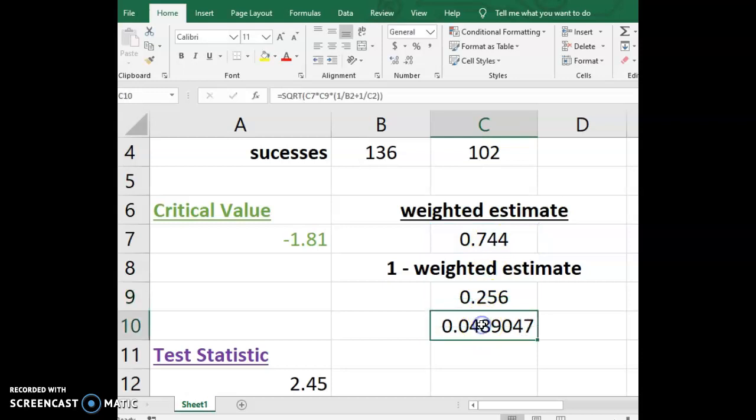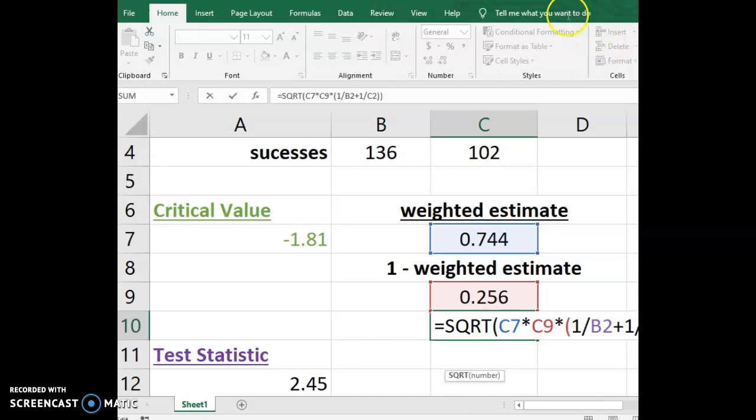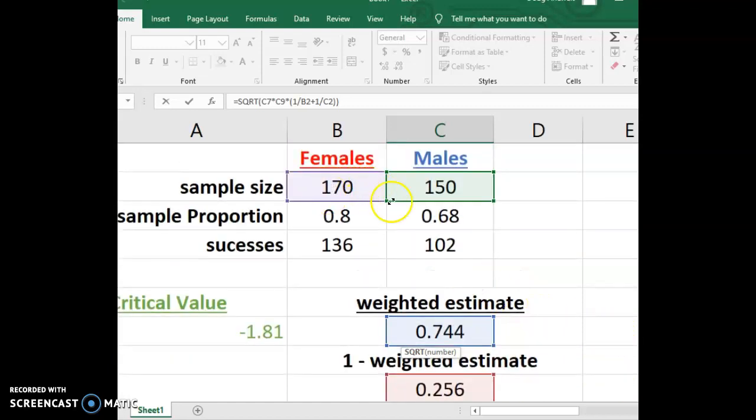And then here I'm going to do the entire bottom part of the calculation, which we take the square root of these two values added together, the p-bar multiplied by q-bar, multiply those together, and then multiply by this sum here, which is 1 over the first sample size plus 1 over the second sample size.